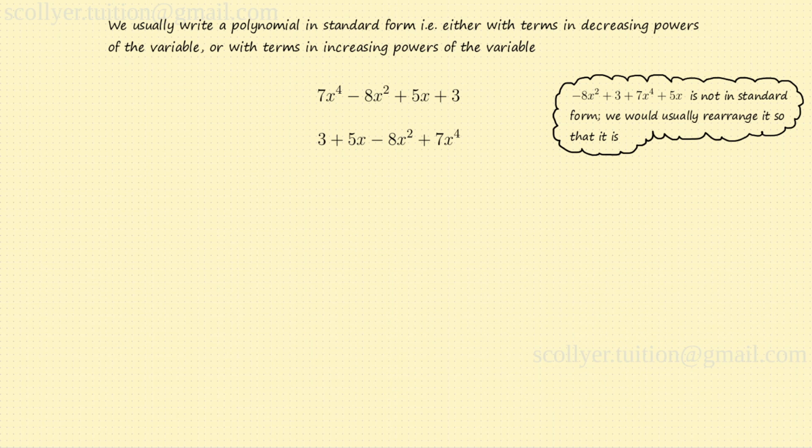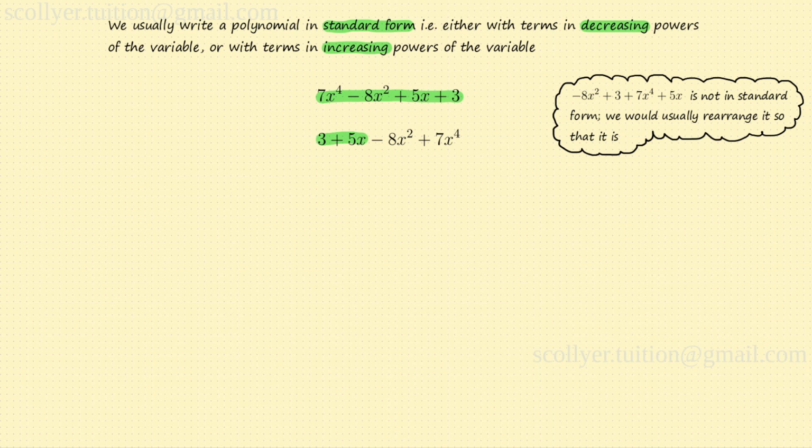We usually write a polynomial in standard form, which means with the terms either written in order of decreasing powers of the variable or in order of increasing powers of the variable. So both of these expressions, which show the same polynomial, are in standard form. The first is written with powers in decreasing order, from left to right.